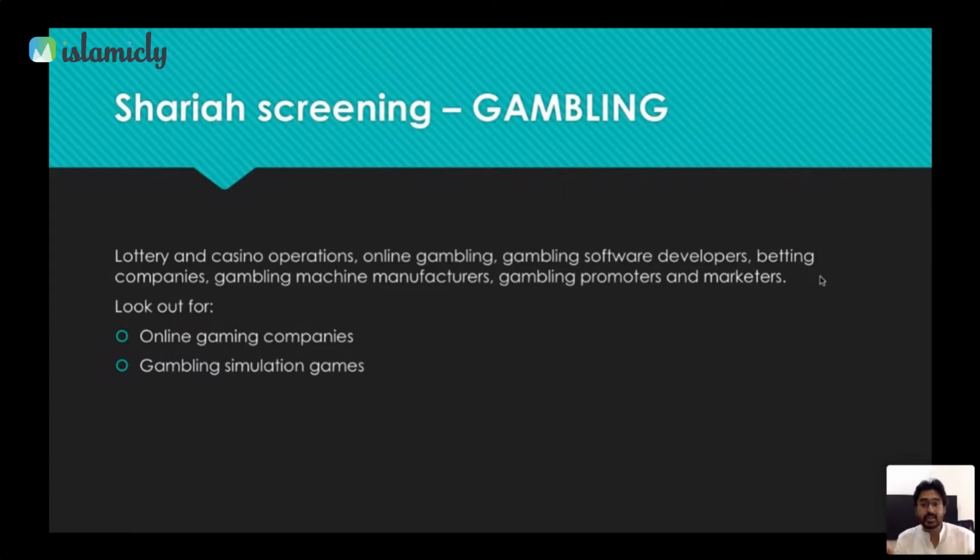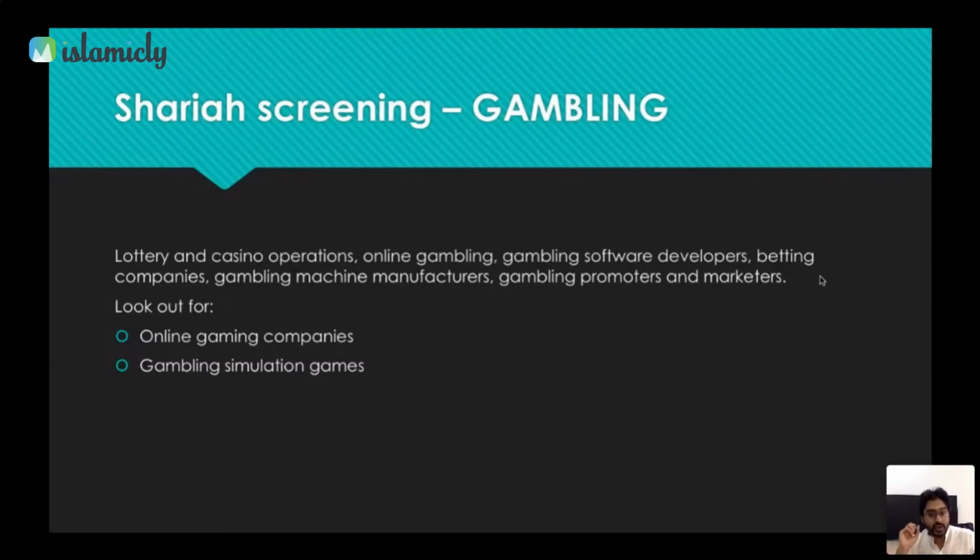But there are online games available nowadays which involve absolutely no money. You do not have to put in money and gamble. You can gamble with virtual money, where you get about 100 coins or 2,000 coins, and you just gamble. Now, this is a simulation of gambling, and there is no actual risk or reward out of that.